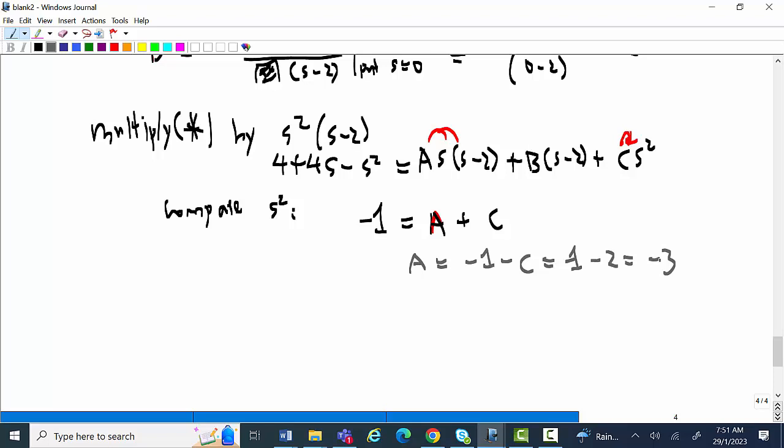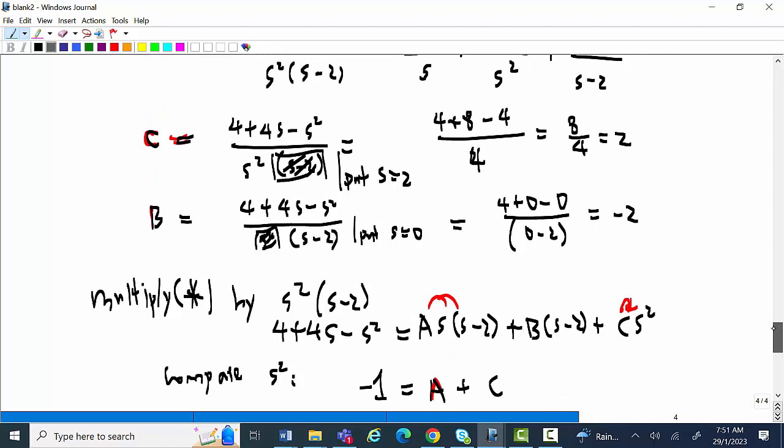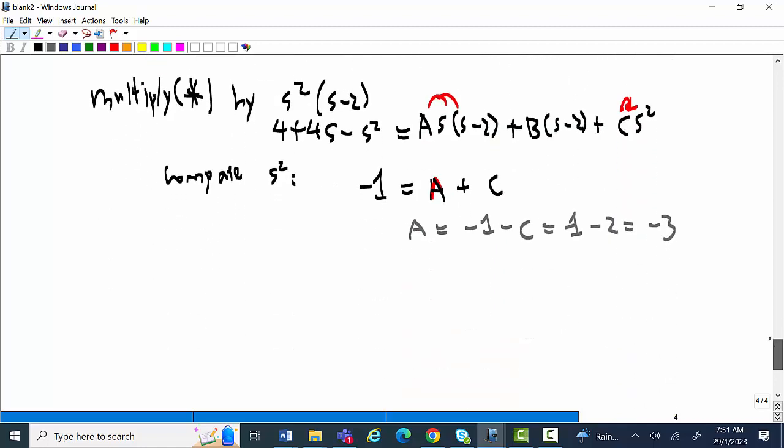Let me see whether I made a mistake here. So minus 1 is equal to A plus C here, so A equal to minus 1 minus C, and C is equal to 2 here. So this is minus 3.